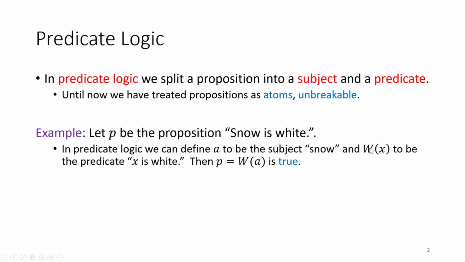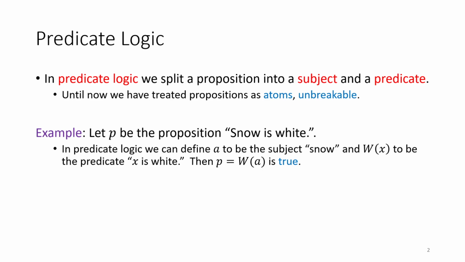So we might write it as W of x, which is the notation, but it really is standing in for something like this: x is white. And of course, there's lots of different predicates that we could imagine. Is white is one, is green for grass is green is another example. We could have a different predicate for that, is tall, is long, and then we can have other kinds of predicates that maybe take more than one argument as well.